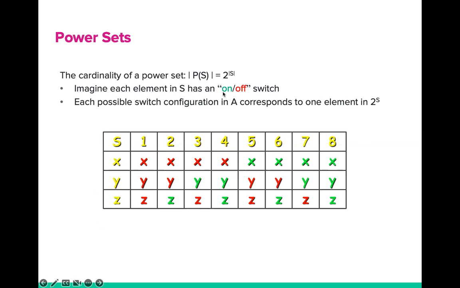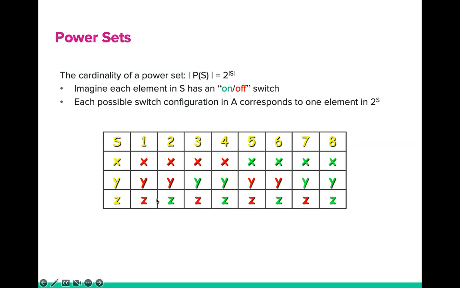You can think of it as having an on or off switch. A variable that is off, meaning it is not included, is denoted in red. But if it is included in the subset, it is colored in green.